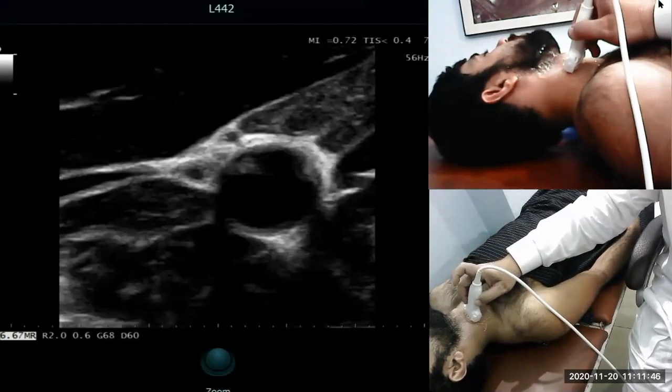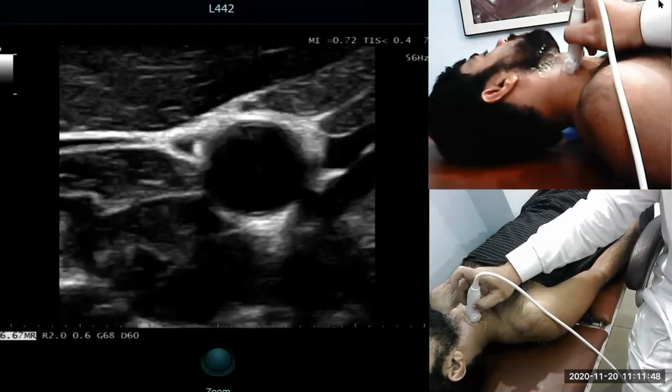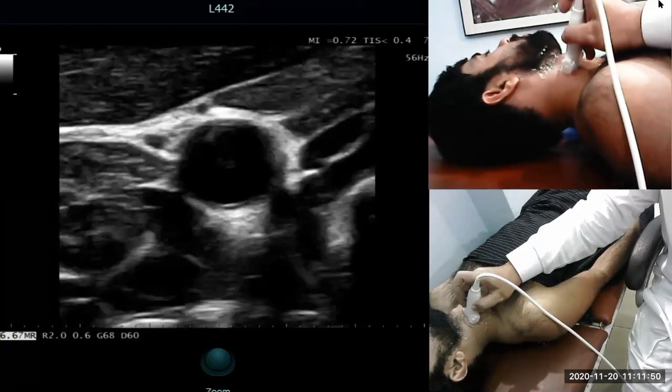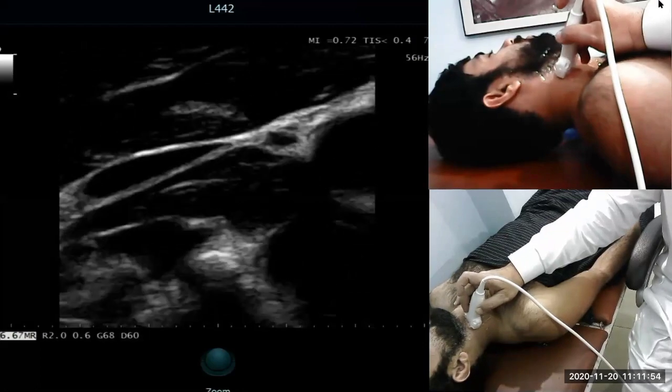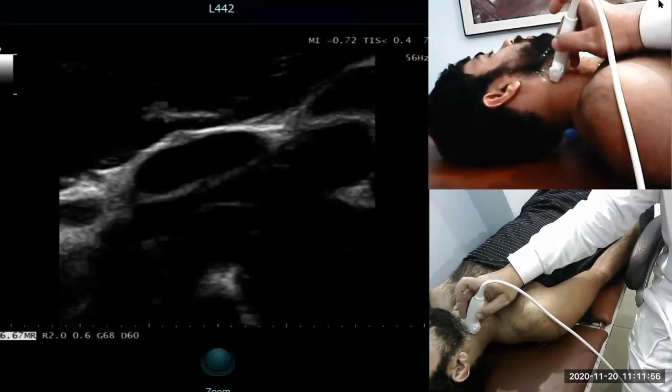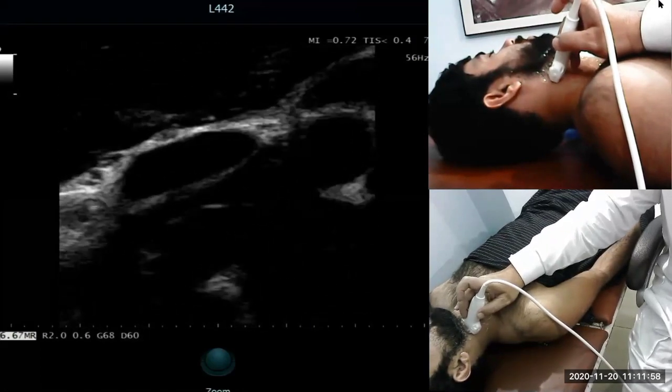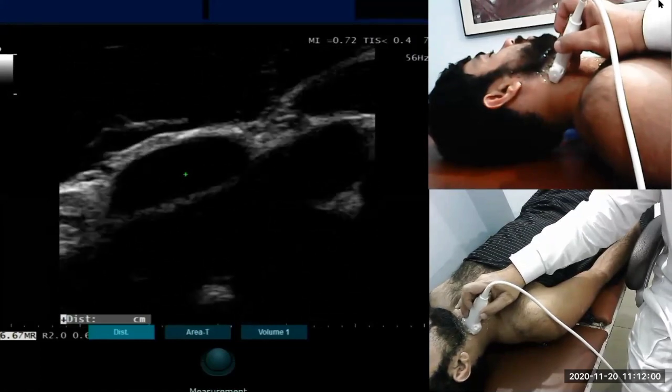So there you see the common carotid artery, and lateral to it is the internal jugular vein.